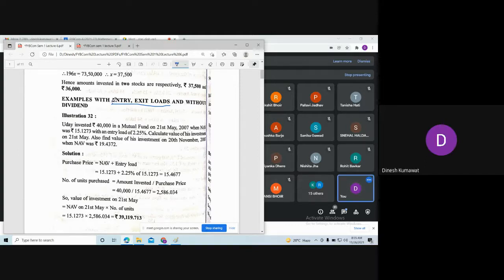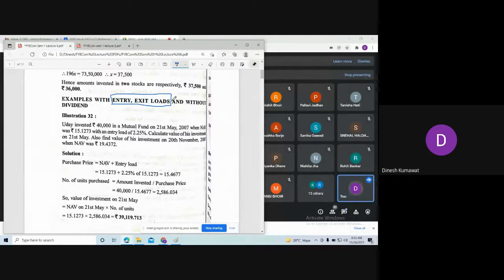And remember, you can relate entry and exit load with the brokerage in case of shares. In case of shares, to obtain the purchase price we add brokerage to the market price, but in case of selling price we subtract that brokerage.